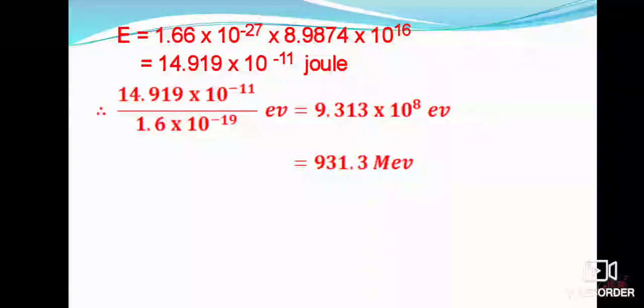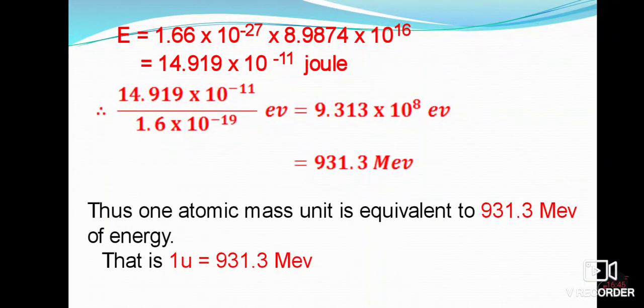Converting that into mega electron volts, it is 931.3 MeV. So 1 atomic mass unit is equivalent to 931.3 MeV of energy, that is, 1 u equals 931.3 MeV.